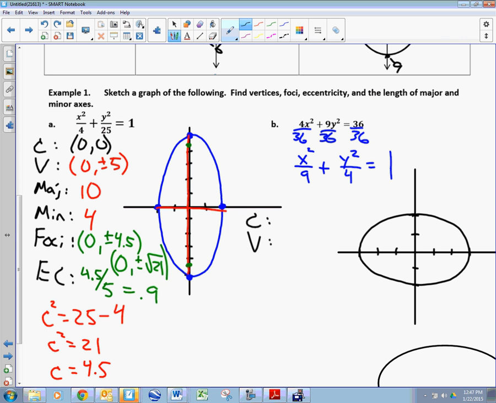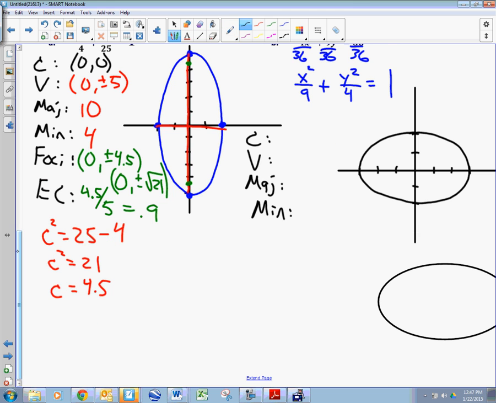Center, vertex, major axis, minor axis, foci, eccentricity. You tell me, what's the center of this beast? 0, 0.